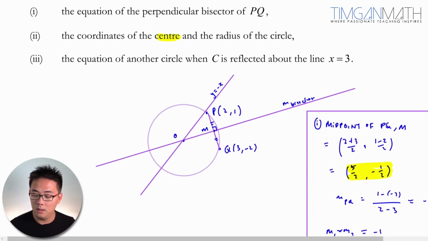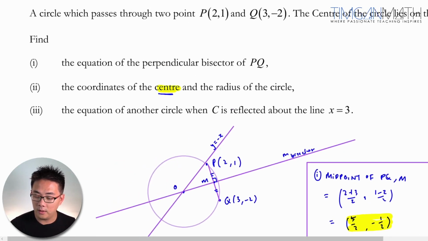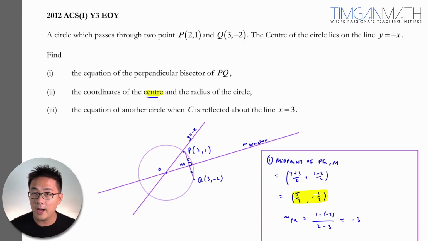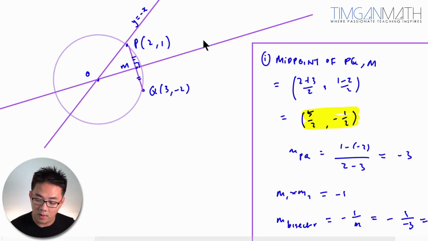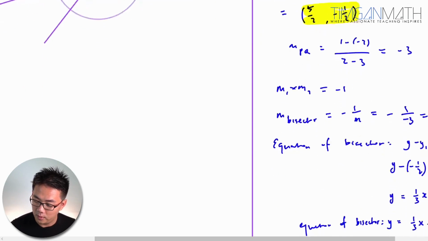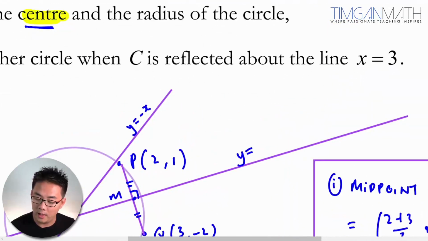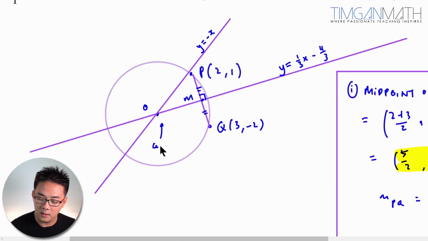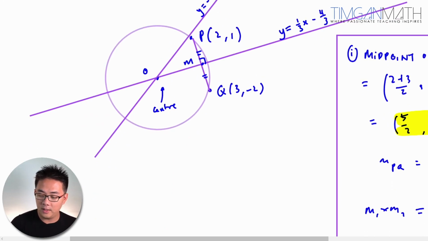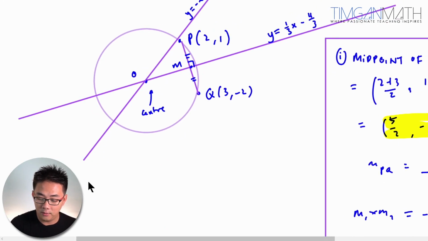So the center's coordinates satisfy both line equations. To find the center, just find the intersection point between these two lines.